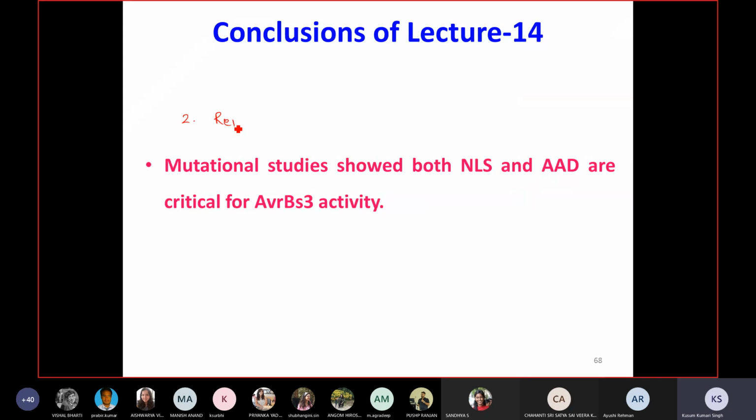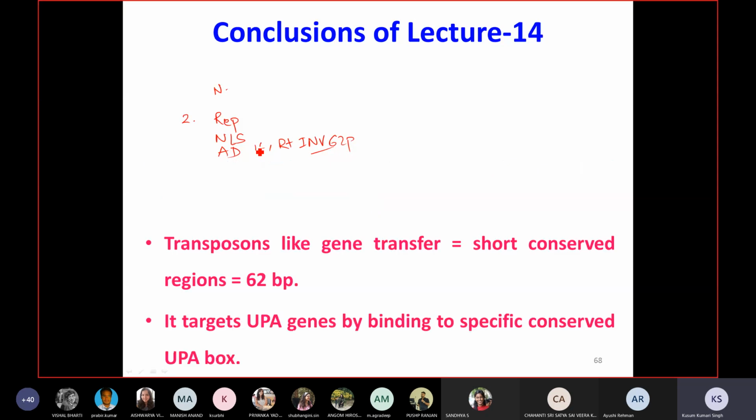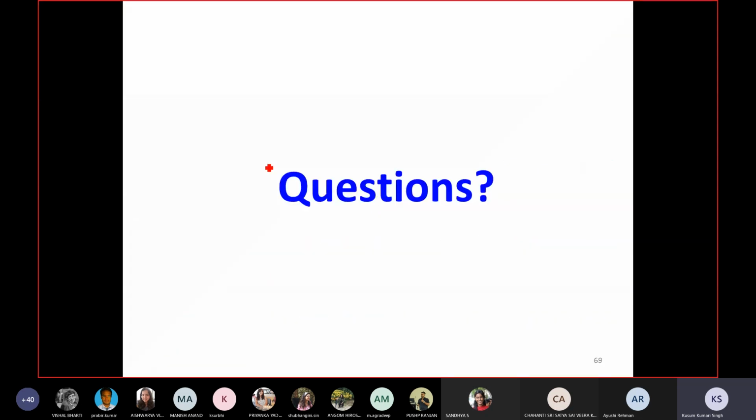The repeats are important, then the NLS is important, then the AD domain is important, and after that you have left and right inverted repeats of 62 base pairs, which were also important. Then at the N-terminal region you have the translocation signal, which transfers your whole protein into the cell. So all these structural domains we have seen so far.